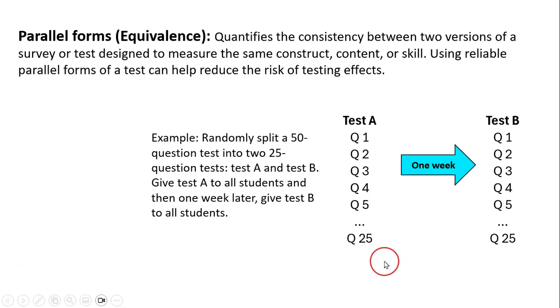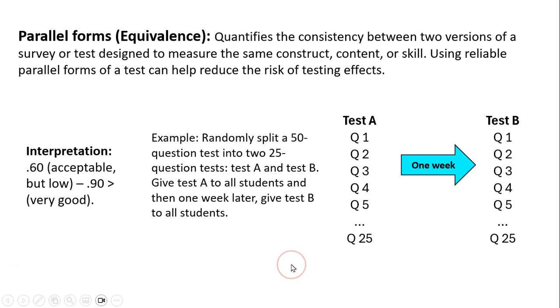So this is a strategy that can be used to develop the reliability of a certain test, certain scale, or even a survey for that matter. Interpretation, 0.6 acceptable but low, up to 0.9 or greater, which would be very good. This is parallel forms.